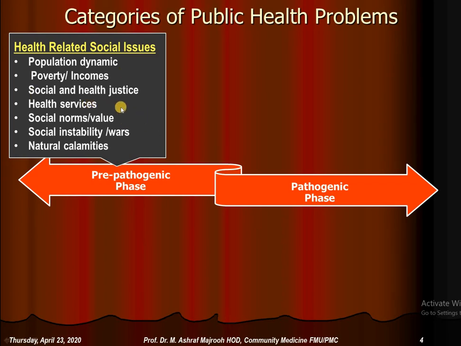Then health service provision, its availability, accessibility to the people, and equity in health services. Then social norms and values are very important in disease perception and disease determination. Then social instability, wars and natural calamities are important factors in disease causation. All these are in the pre-pathogenic phase.